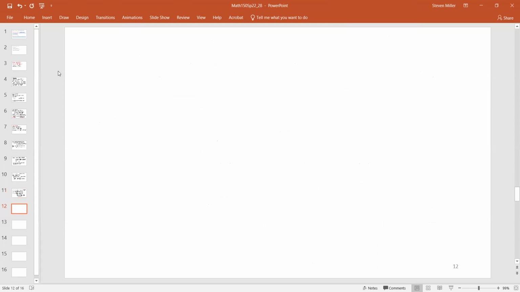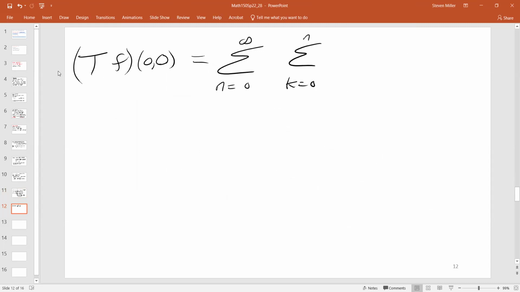And so you start to look at maybe my expansion is the Taylor series of f, I'll just do it in 2 dimensions, a sum, n goes from 0 to infinity, a sum k goes from 0 to n, and then I would want d^n f over dx^k dy^(n-k) at 0, 0, times x^k y^(n-k) divided by k factorial (n-k) factorial. So something like that should work.